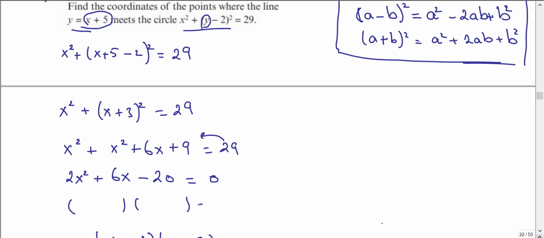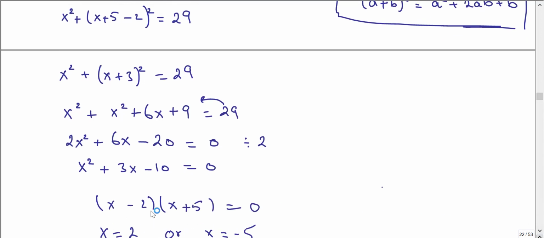Of course, if you want, you can simplify. It would be a wise thing to do. Yani it would be a smart move. If you divide by 2, it will simplify the whole thing. So this will be x squared plus 3x minus 10 equals 0. And then you factorize. You get x minus 2, x plus 5, which means x is 2 and x is negative 5.